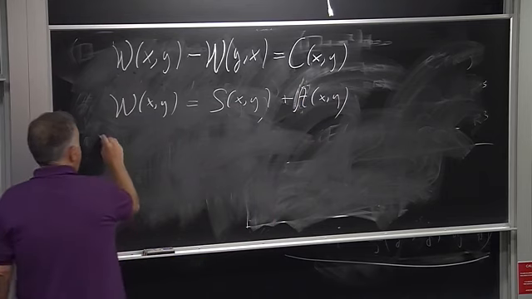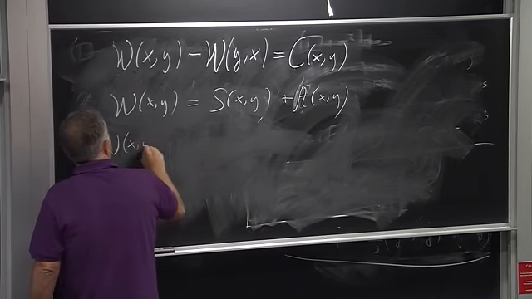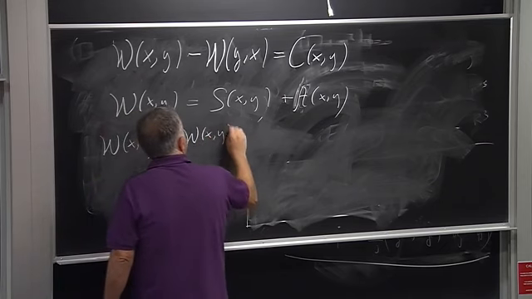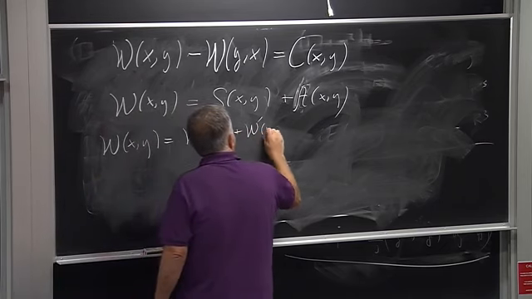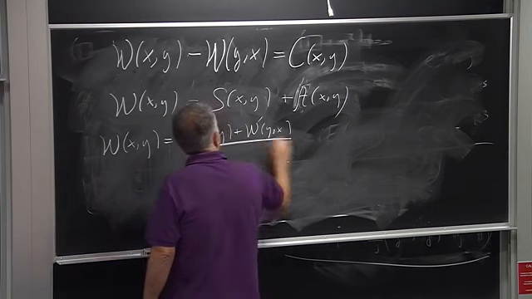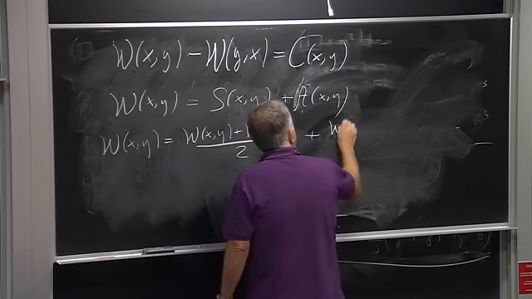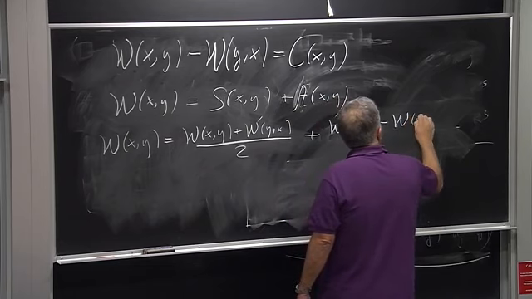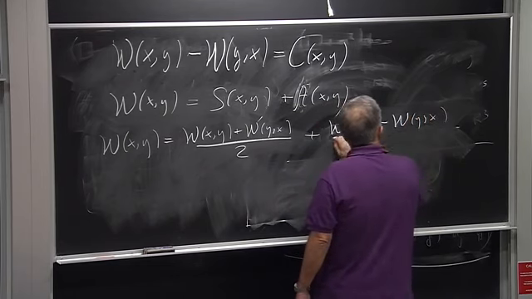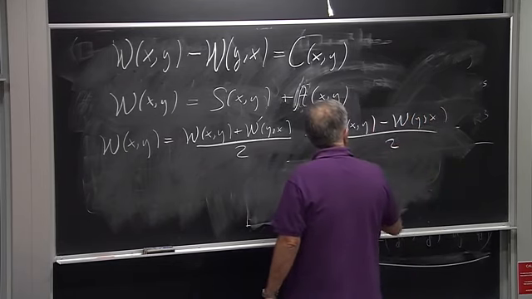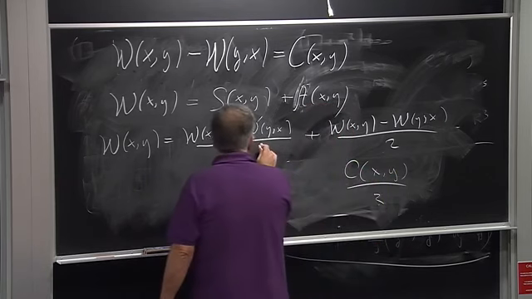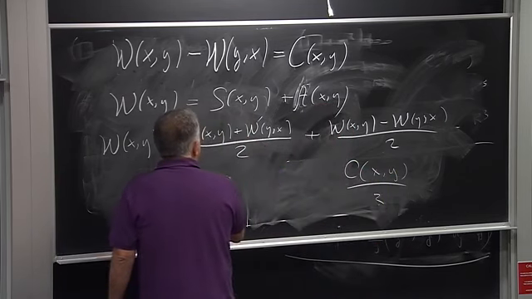You can write W of x and y as W of x and y plus W of y and x over 2, plus W of x and y minus W of y and x over 2. This is the commutator over 2. And this, maybe you may call it the anti-commutator.